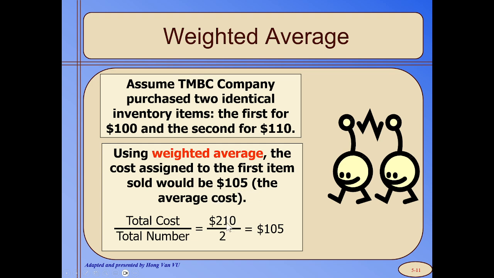The average cost is 100 plus 110 divided by two items, so we have 105. The average cost is determined by taking the cost of inventory on hand and dividing by the total number of units on hand.